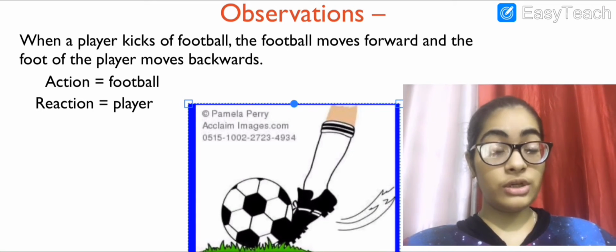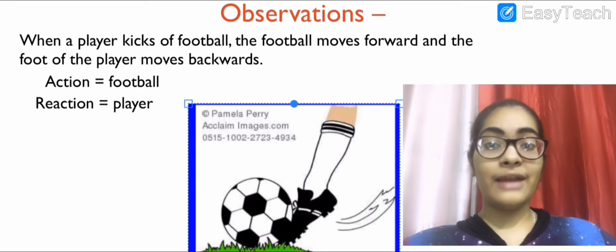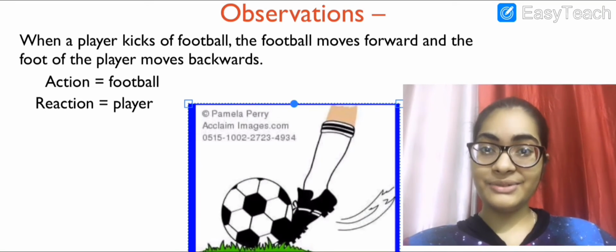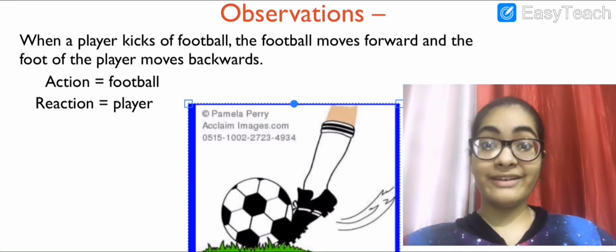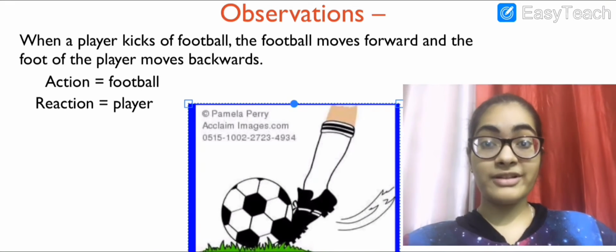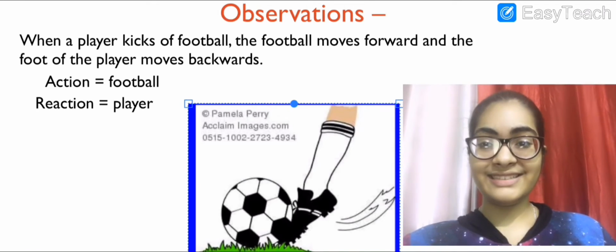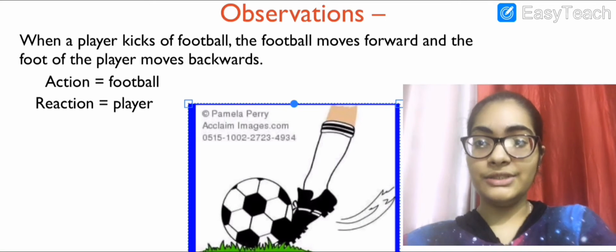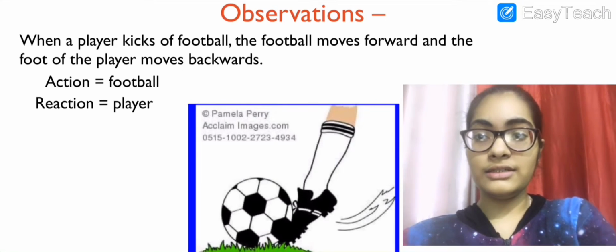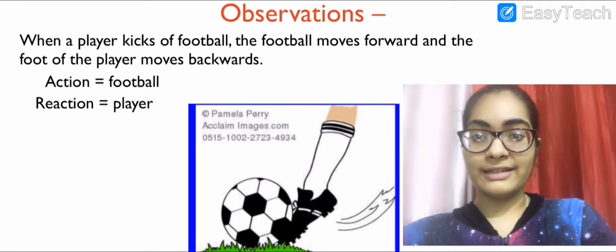What you are doing on the football is action, and what the football is returning back to you, that's reaction, like a return gift. The concept of a return gift works on Newton's third law, right? You can now see here, just a second.